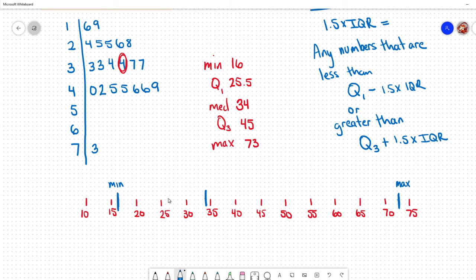Q1 is at 25.5. And Q3 is at 45. So these three connect together. Now this is our box.